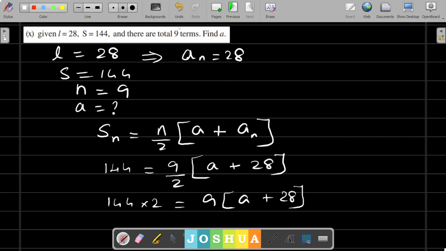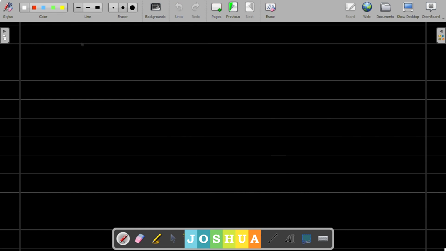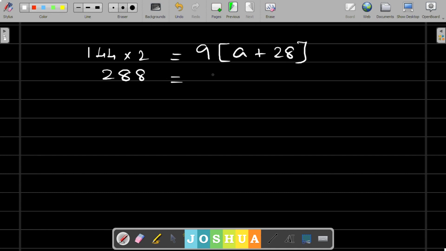So 144 times 2 is equal to 9 times of A plus 28. Now expand this here. That is 288 is equal to 9A plus, better I write as a small a, as it will look like double 9.